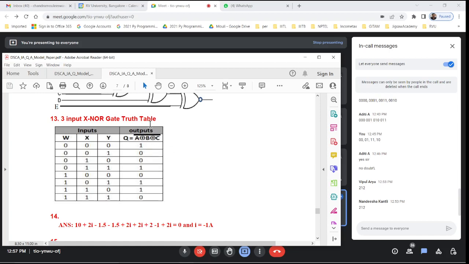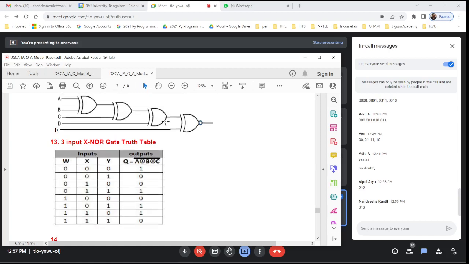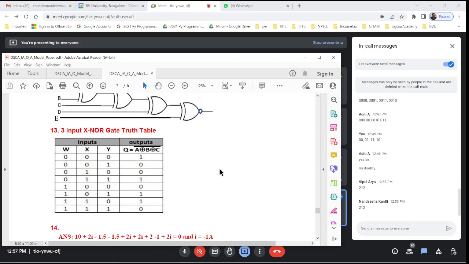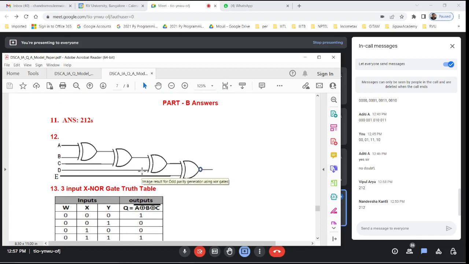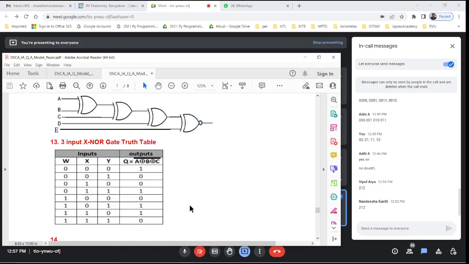The simple diagrams you may draw, and please try to draw as cleanly as possible. I don't want you to draw it shabbily. There will be some marks for that also, but don't spend too much time making it beautiful. Correctness is more important than cleanliness. Cleanliness is also good, but more importance will be given to correctness, and it should be clear.